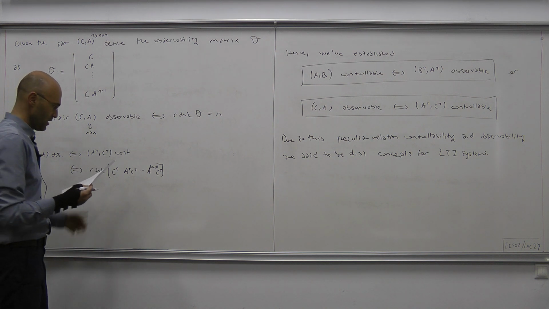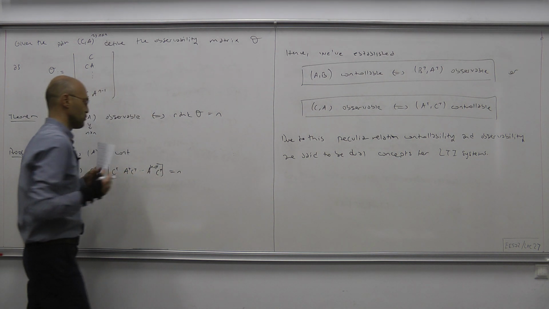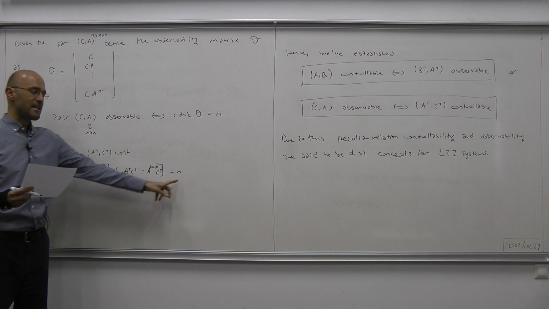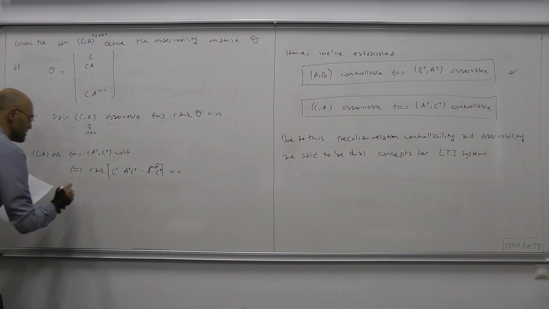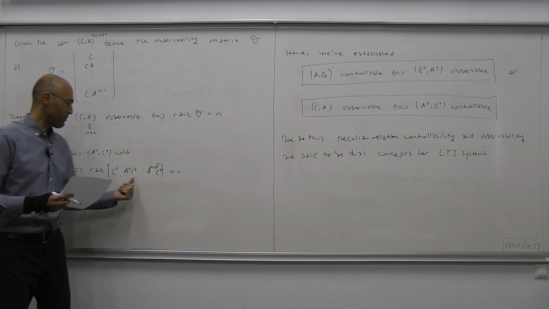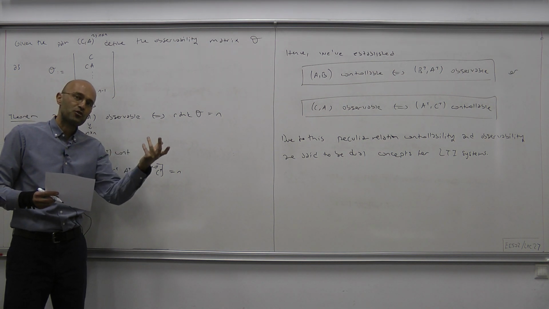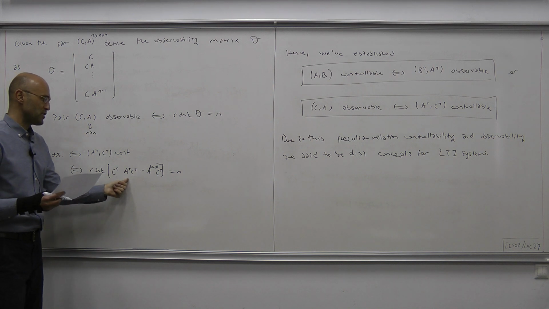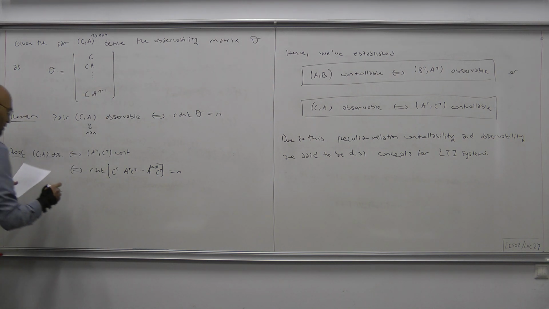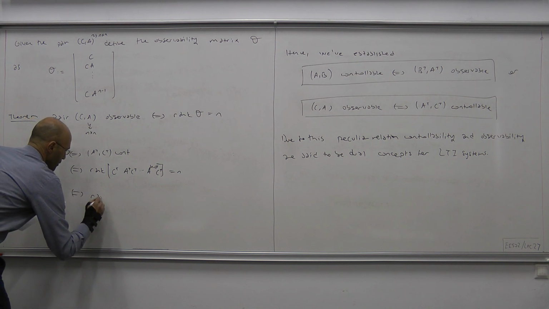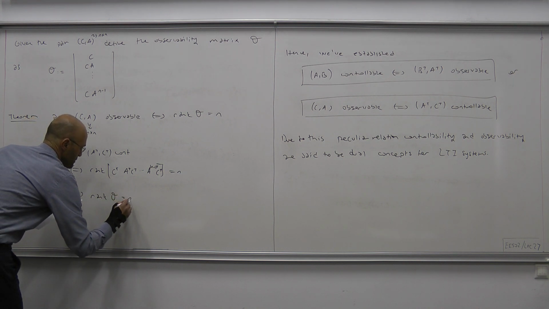So this has to have rank n if this pair is controllable. And clearly, if the rank of this matrix is n, the rank of its transpose is also n, and if you transpose this matrix, you obtain the observability matrix, from which we obtain that the rank of the observability matrix equals n.